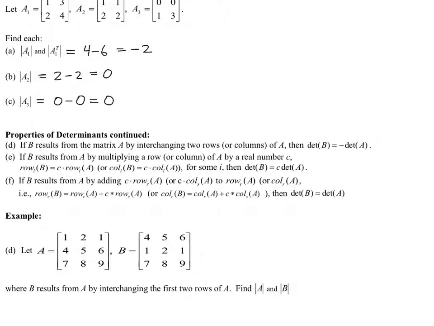If B results from A by multiplying a row or column of A by a real number C, so a scalar, then, and this is just a justification, the determinant will be C times whatever it would be without that scalar being multiplied.